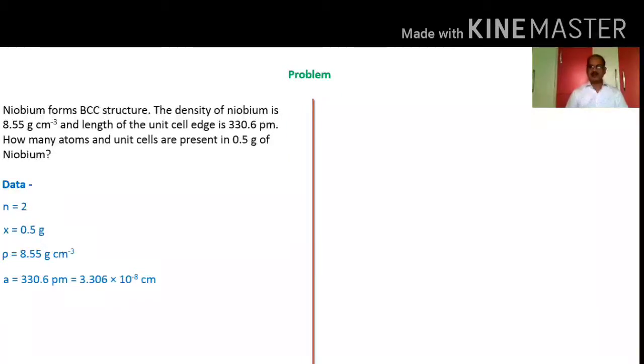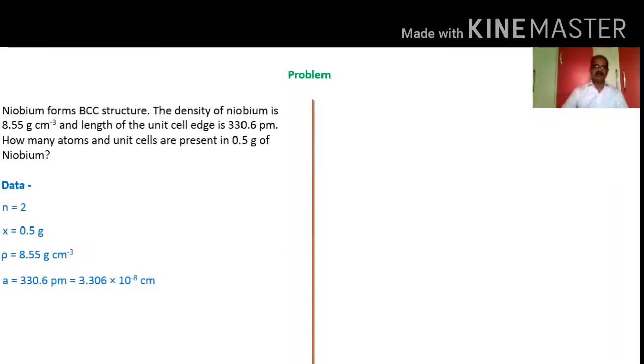I have to multiply by 10 raised to minus 10 to convert picometer into centimeter. So by multiplying by 10 raised to minus 10, I get 3.306 into 10 raised to minus 8 centimeters. Now I want to find out the number of atoms and the number of unit cells.